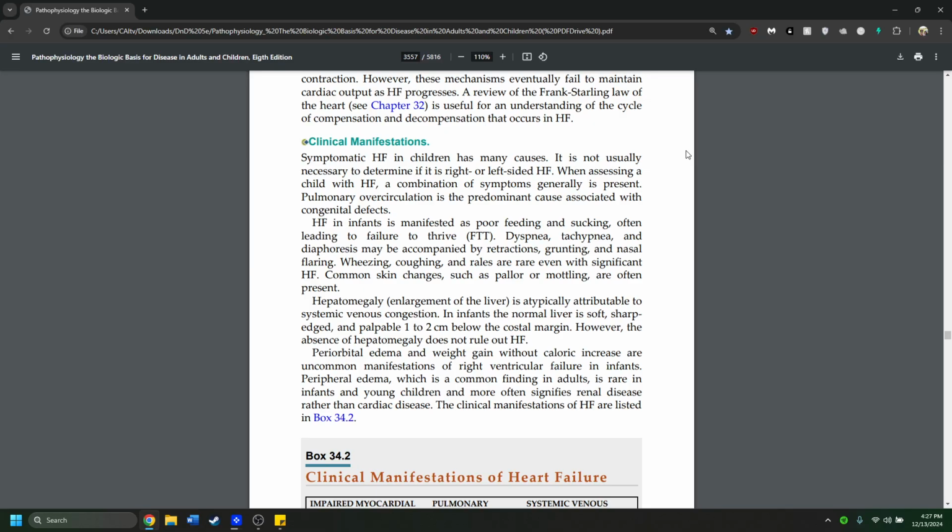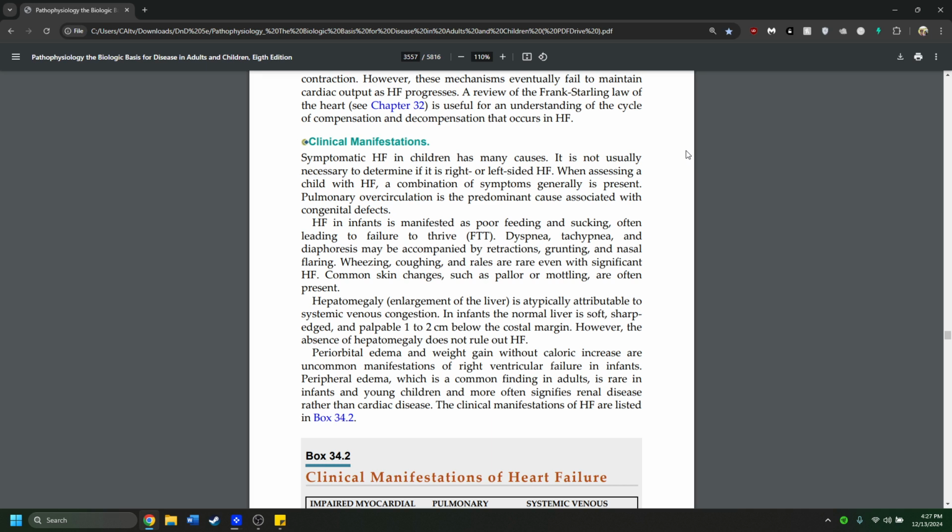Heart failure in infants is manifested as poor feeding and sucking, often leading to failure to thrive. Dyspnea, tachypnea, and diaphoresis may be accompanied by retractions, grunting, and nasal flaring. Wheezing, coughing, and rales are rare, even with significant heart failure. Common skin changes, such as pallor or mottling, are often present.